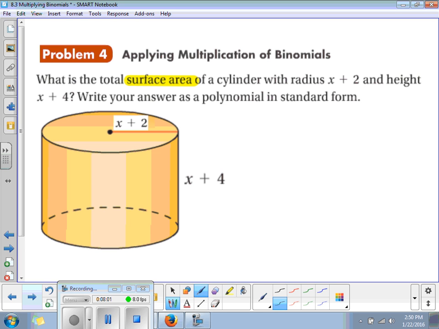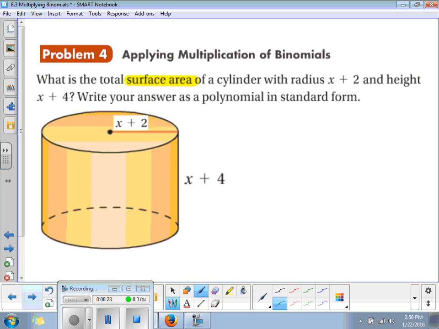Now, you know surface area of a cylinder means we want the area of the top, the area of the bottom, and the area of the around part. What shape do I have for this circle? A circle. How do I find the area of a circle? Pi r squared. Not another circle.